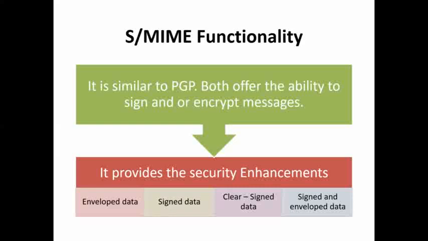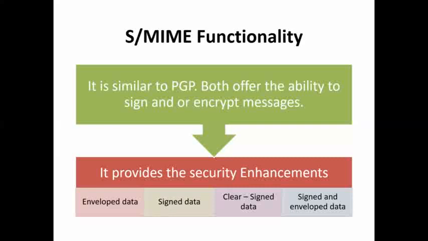Whatever hash code is generated, that message digest is encrypted using the private key of the sender. That is the signed message digest, along with the encoded message. So signed data contains the encoded message plus a signed message digest.